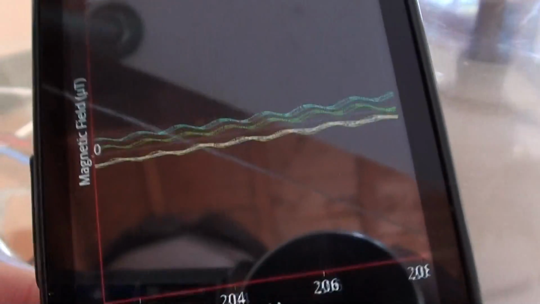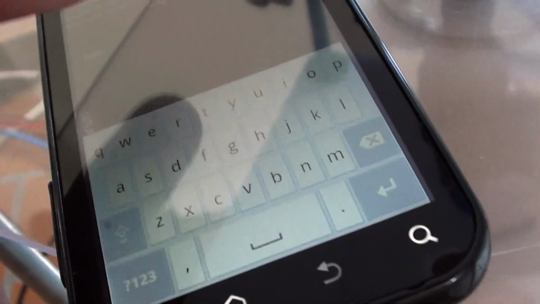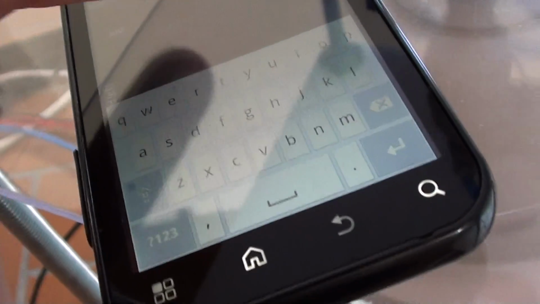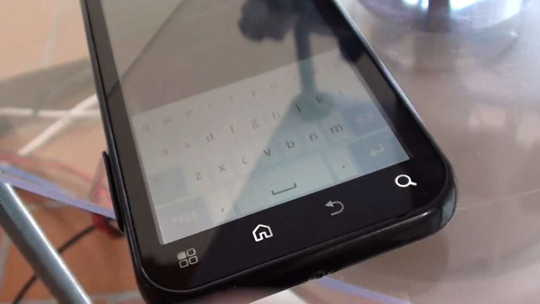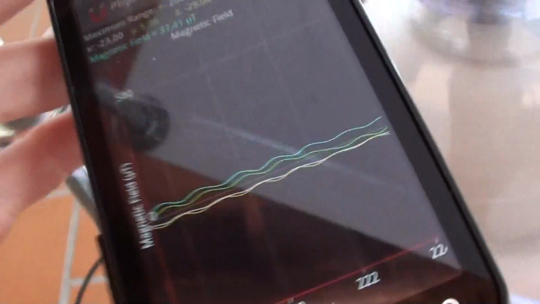Let's go more on the top of the chamber. And this periodicity reduces. So there is change. Let's go further.